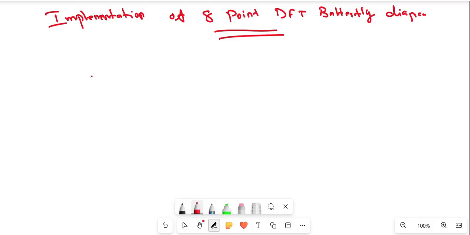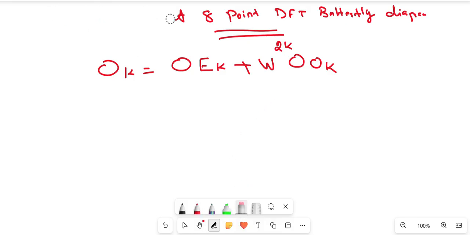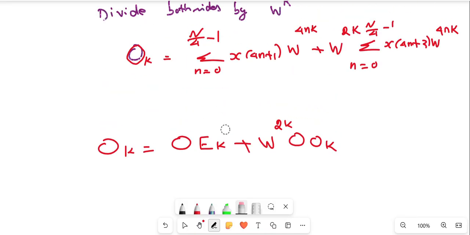So O k is equal to, you can write, the continuation of the previous one, O k is equal to even of odd plus W power 2k into odd of odd sequence, you can write like this. Okay, we will see the structure later. We continue the derivation. So O k is equal to even of odd sequence plus W power 2k into odd of odd sequence.